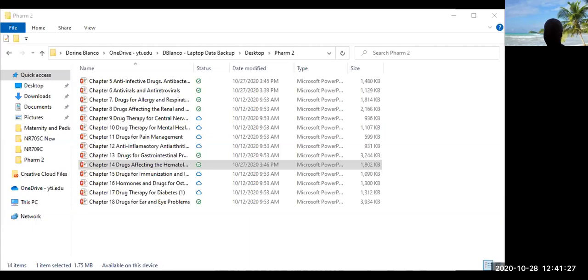Box 14.1 shows the foods, the herbs, and the supplements that affect the clotting system, and those foods may interfere with anticoagulants. So make sure you look at this list of foods very carefully so you can get to know them. That includes your tomatoes, onions, dark leafy green broccoli, garlic, bananas.